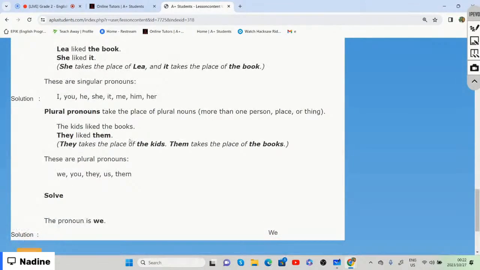So we have singular pronouns and we have plural pronouns. Plural pronouns refer to more than one thing, and the most common plural pronouns are we, you, they, us, them.